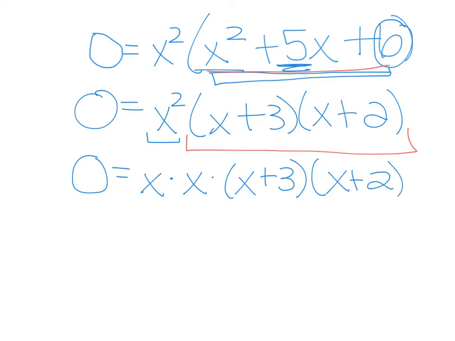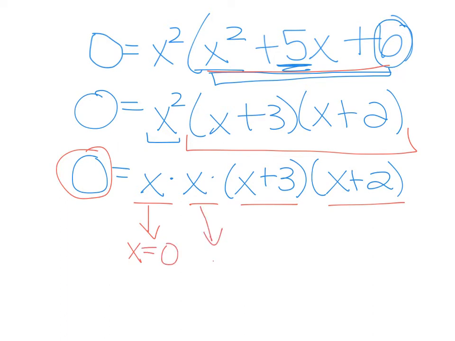I have 4 different factors, and since I'm multiplying them all together and my product is equal to 0, I know that the only way to get a product that's equal to 0 is if one or all or some of the factors are equal to 0. So I'm going to account for all my possible zeros by setting each factor equal to 0.